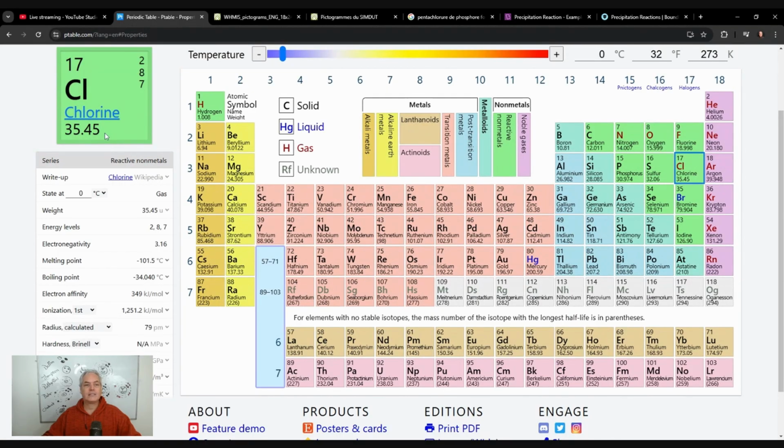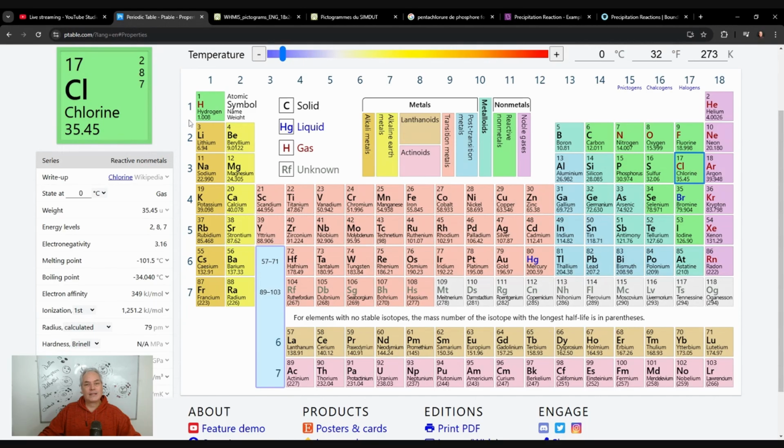To simplify, you can round 35.5 to 35, so 35 minus 17 is 18 neutrons. So maybe half of the chlorine atoms have 18 neutrons. But because it's 35.5, you also have chlorine at 36, meaning maybe half of the chlorine atoms have 19 neutrons. But I know that chlorine has 5 or 6 or maybe more isotopes. So this is what the atomic mass means.